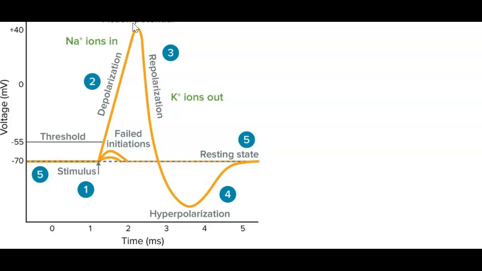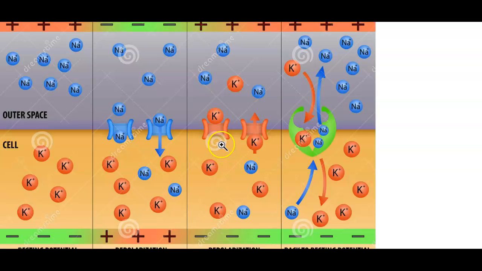Then we have pumps that will pump them back down. It will hyperpolarize and go back to the resting state. Here we see potassium and sodium being repumped into the right spots, and then we have a normal resting potential. So we have sodium and potassium gates, and we have sodium and potassium pumps.